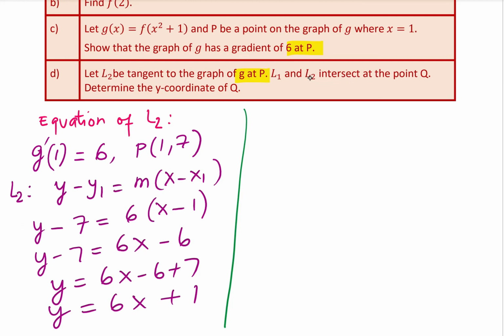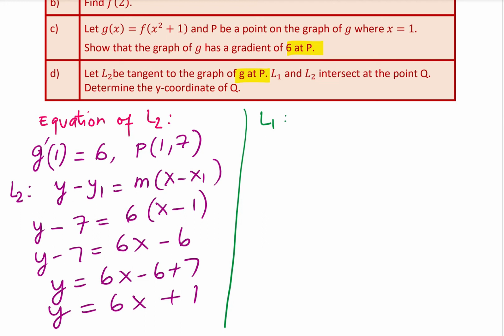Now, let L2 be tangent to this graph. So we have used all this information because L2 is tangent to this graph at P. L1 and L2 intersect at Q. Determine the y coordinate. So we need to find the intersection of L1 and L2.